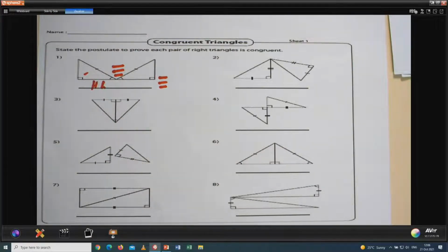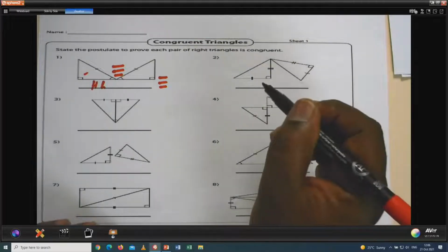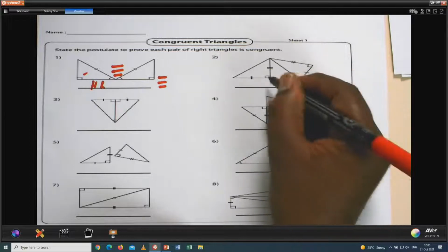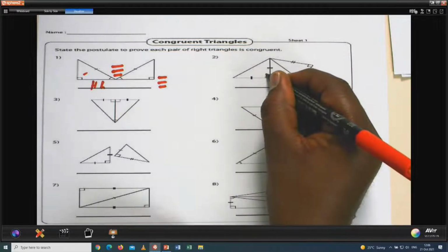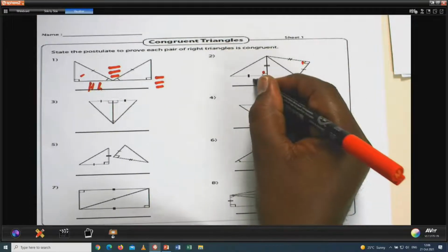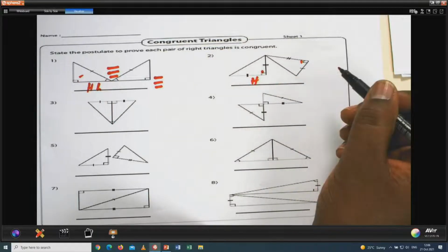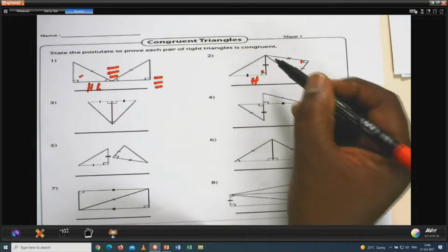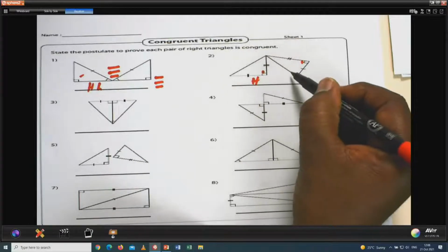Right. Let's go further now. Let's go to number 2. Number 2, you've got 90 degrees. And which side is the hypotenuse? This side. Do you know anything about those sides? No idea.